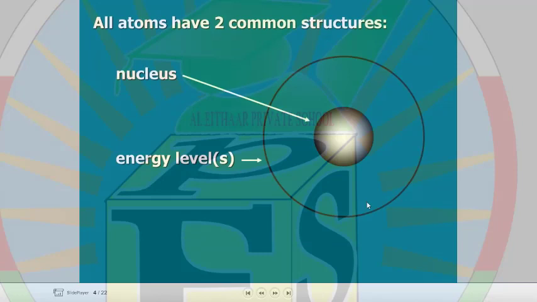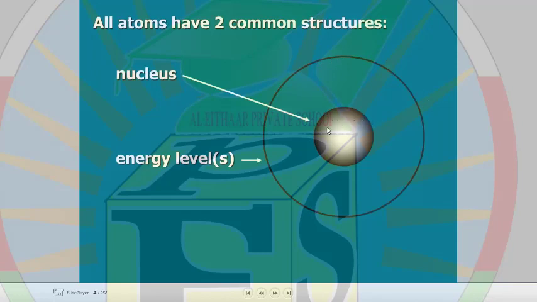Now we will briefly discuss the structure of an atom. Inside the atom, there is a round ball-like shape, or a sphere. We call it the nucleus. You can see the big circle is called the energy level, or shell, or orbit.